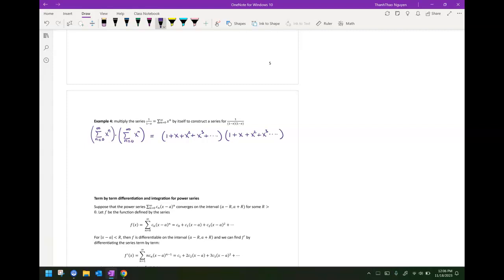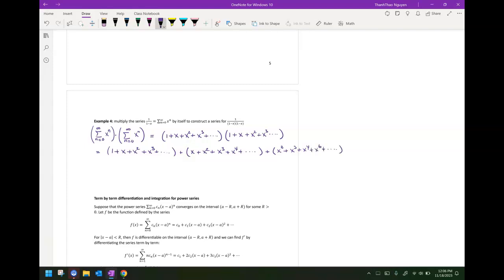Okay, go ahead and multiply this out. When you do that, you get 1 plus x plus x squared plus x to the third, so on and so forth, plus x plus x squared plus x to the third plus x to the fourth, so on and so forth. And then we add x squared, x to the third, x to the fourth, and so on.